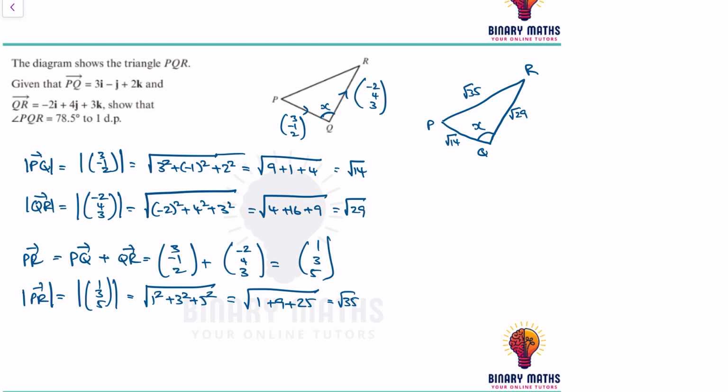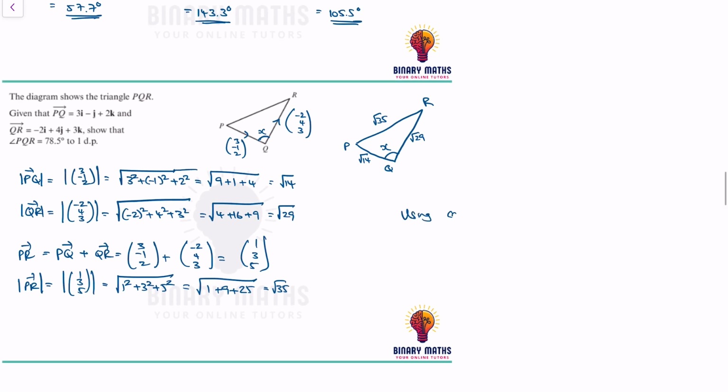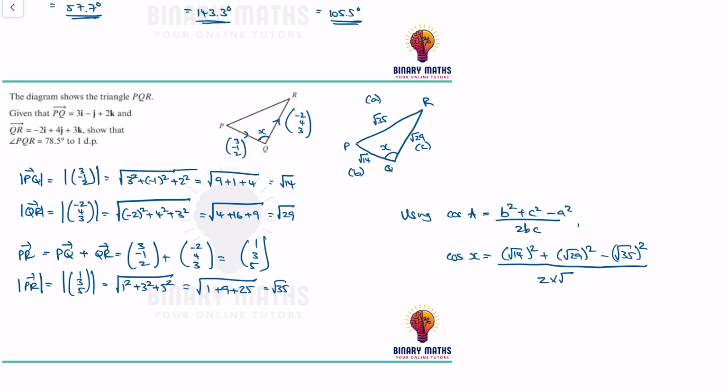So using the cosine rule, cosine A is equal to B squared plus C squared minus A squared over 2BC, we get cosine of X is equal to, it doesn't matter which way around A, B and C are, root 14 squared plus root 29 squared minus root 35 squared all over 2 times root 14 times root 29.